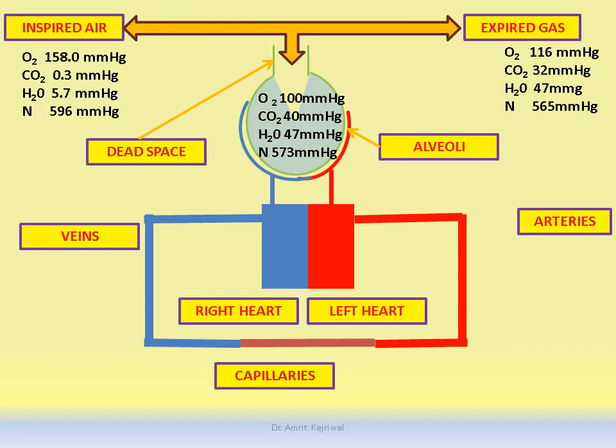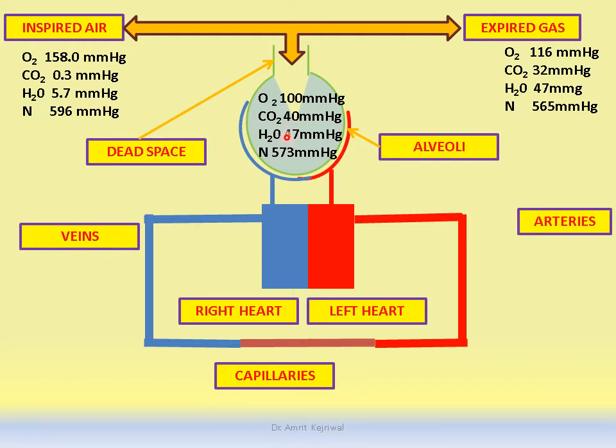So when we go to the alveoli, the partial pressure of oxygen decreases from 158 to 100, and that of carbon dioxide increases to 40. Water also increases to 47, and nitrogen decreases from 596 to 573. So we can see that there is a major decrease in oxygen and increase in carbon dioxide and water.